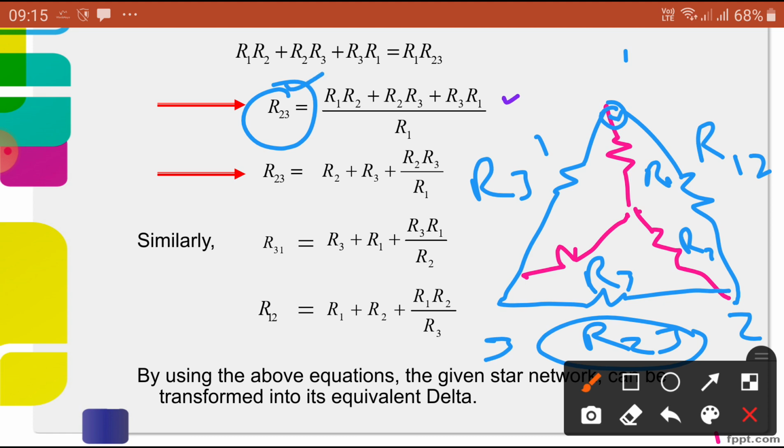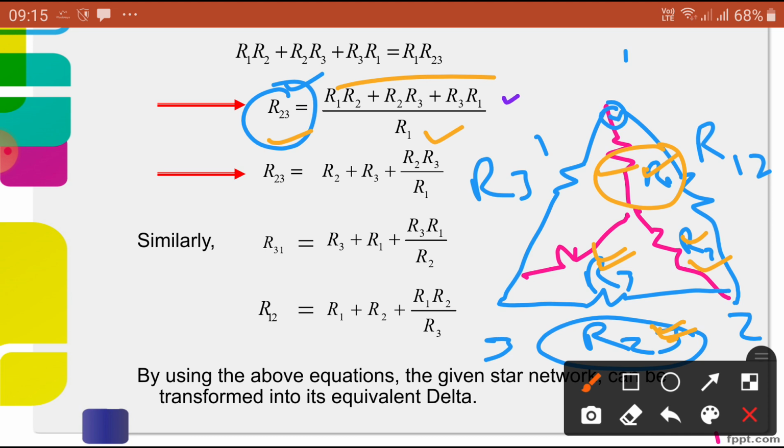Here you can see it: R23 is equal to R1 R2, this into this plus this into this plus this into this, you write it here, and divide by the opposite of R23. Here it is R1, you write simply R1. So we are going to get this value.